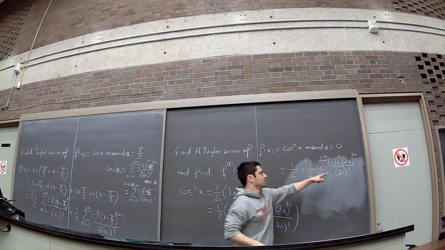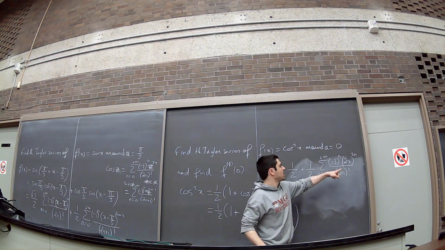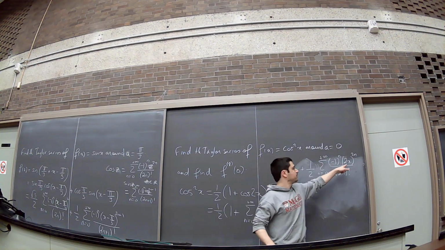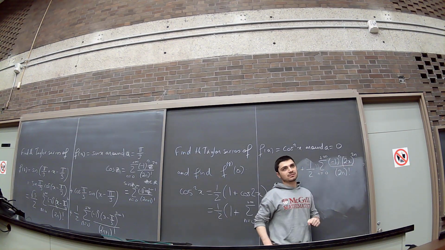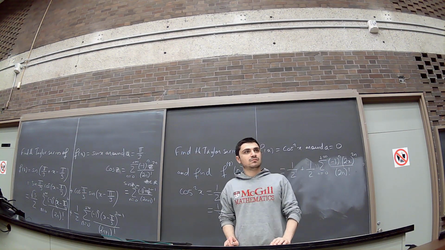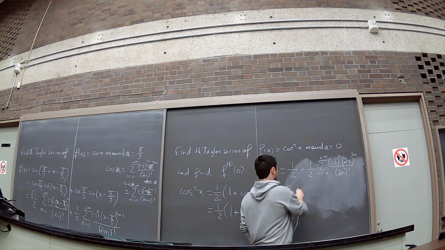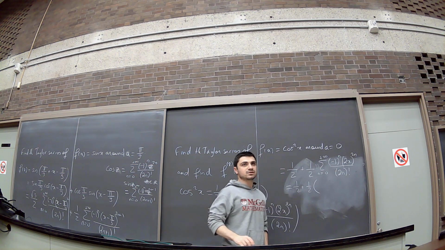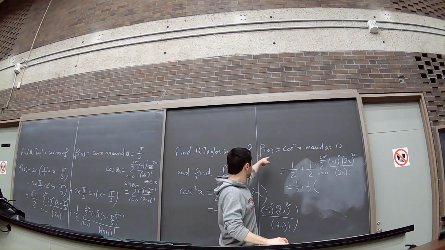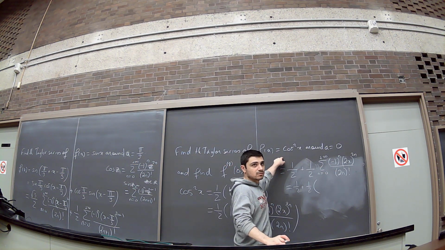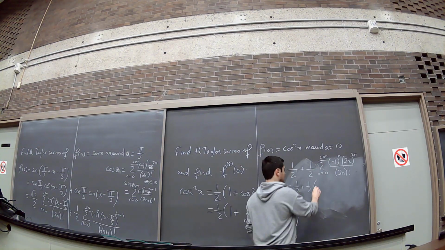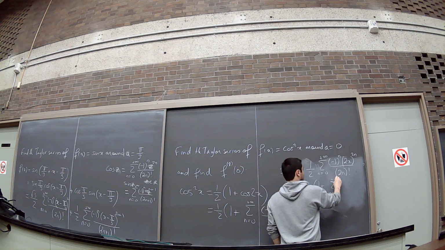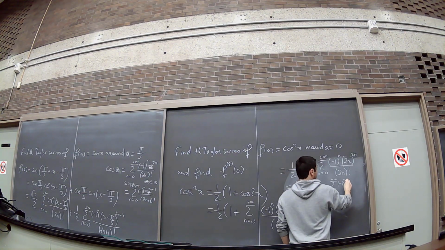What is the coefficient of x to the 0 here? You get 1/2 plus. What is the first term? The first term is always f of 0, right? What is f of 0 here? 1. 1 plus the sum n equal 1 to plus infinity, minus 1 to the n.